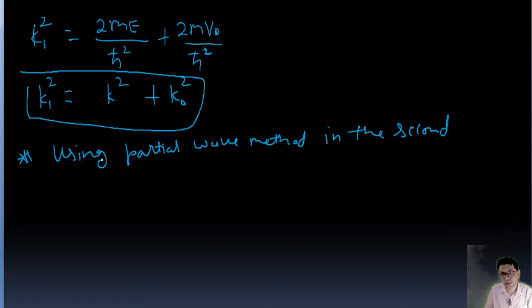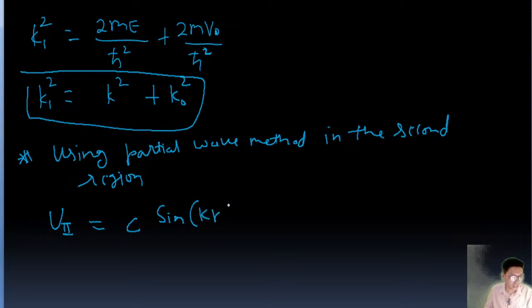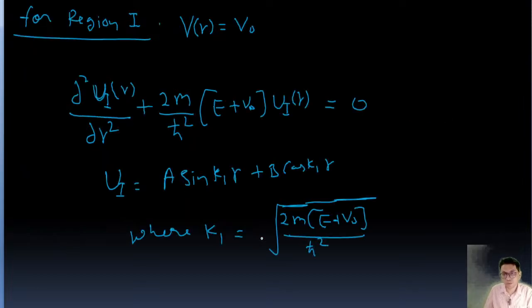The value of this u2, u is a function of r, is going to be c sine (kr plus delta naught). I'm writing it directly, guys, it is very lengthy. This is the second wave function. Here we have to do some correction.